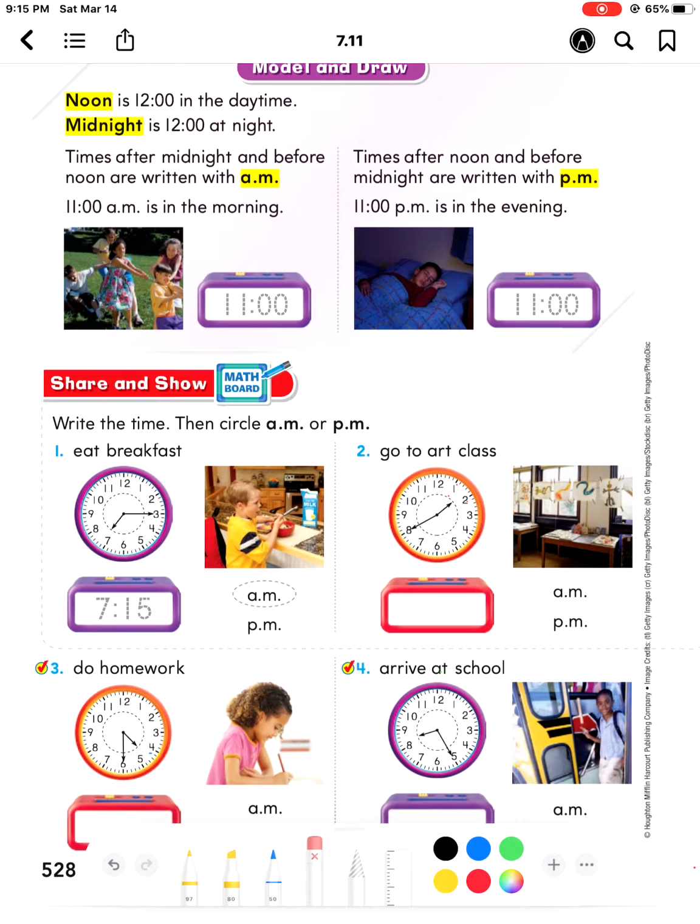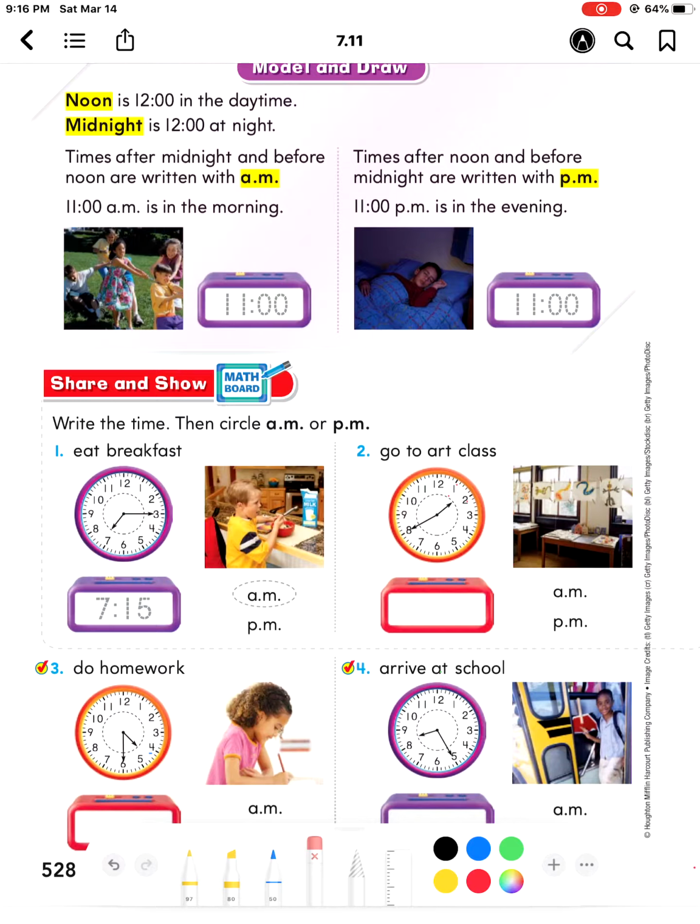The midnight is 12 at night, and the times after midnight and before noon are written with AM. Times after noon and before midnight are written with PM. And all these ideas were explained in the previous video. So please, if you didn't watch the previous video, go back and listen to part 1 in our lesson.